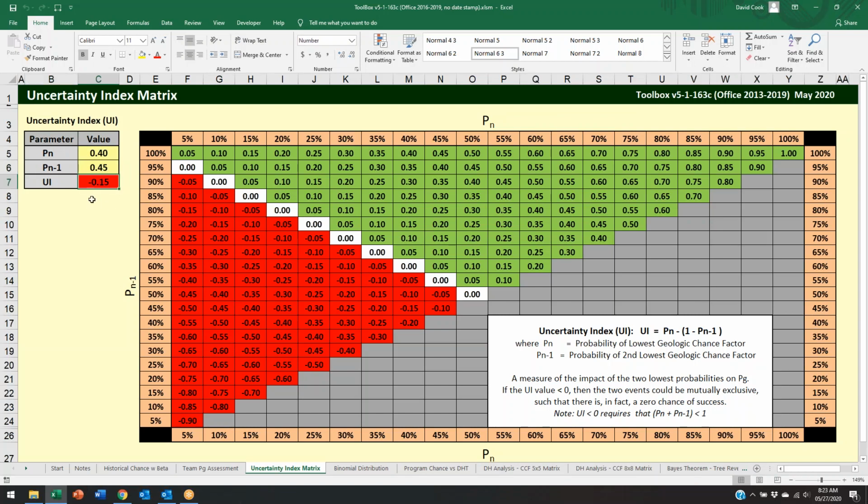If you have an uncertainty index that is less than 0, then that is indicative that there is possibly non-coincidence associated with those factors, and it's raising a red flag that says the likelihood of you having success in this with this particular combination of inputs is much lower than maybe the multiplied product associated with the piece of G. So there are many studies by many different companies, and when you have 2 components on a particular prospect that are less than 50%, the likelihood of a success is much, much lower.